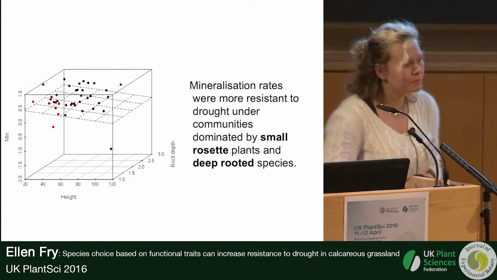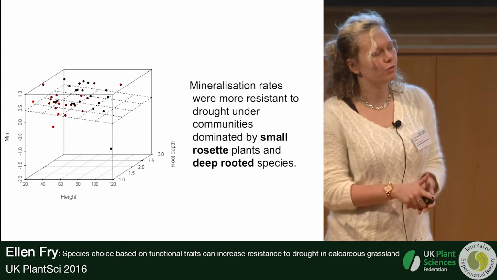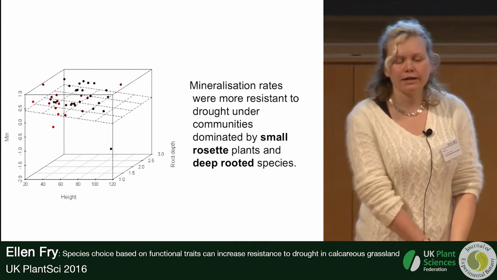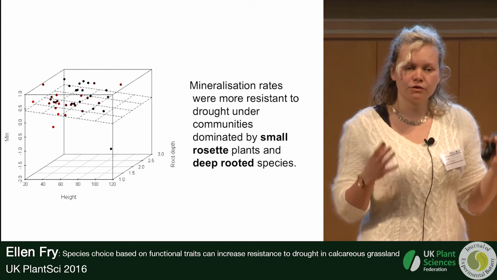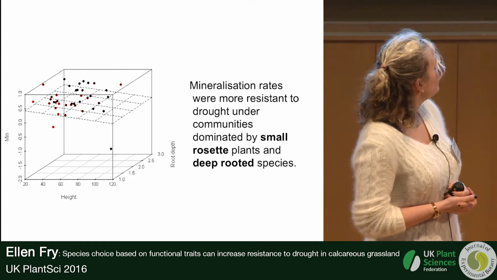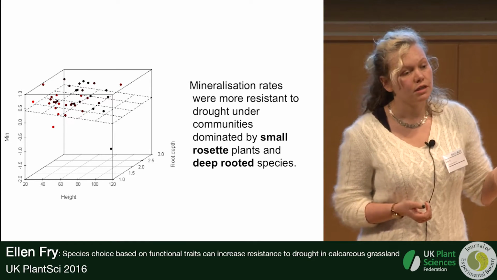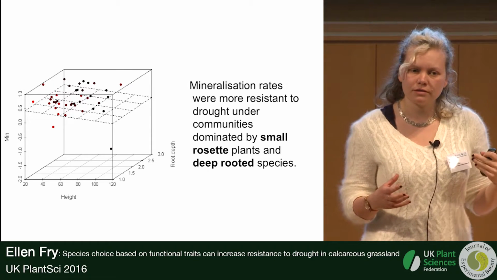And going back to my traits, my functional traits, and moving away from just simple group classifications, I calculated the actual plot level mean of the traits in my different plots. And just to show you that one thing that you do find, mineralization rate, you find that you need a couple of different traits.